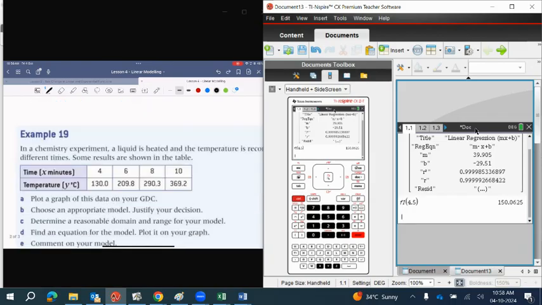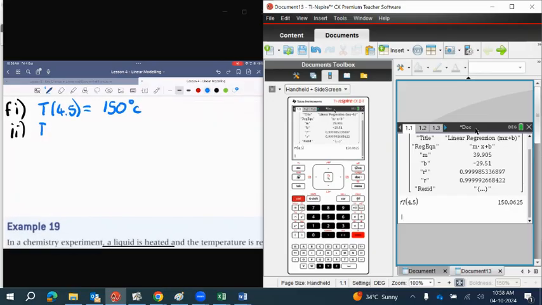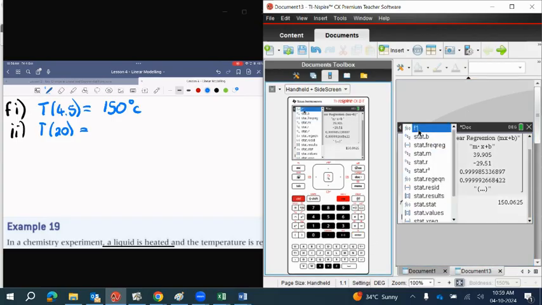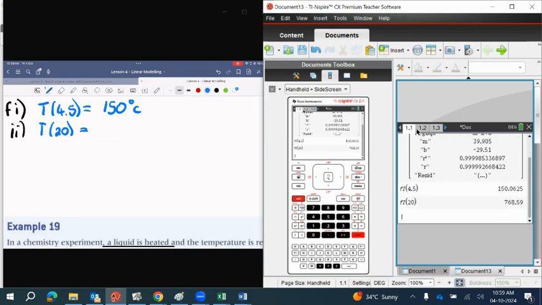In part 2, we're asked to find T of 20. So again, on the calculator, press the variable button, choose F1, type in 20, and we get the answer. Let me round this one up.